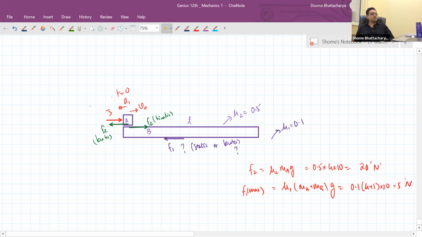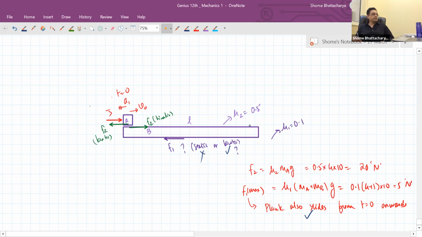So 5 newtons, correct? Is my calculation correct? Yeah. Okay, so that means we can see that the plank also slides from t equal to 0 onwards. And because of that, we know that this is kinetic friction, not static friction.